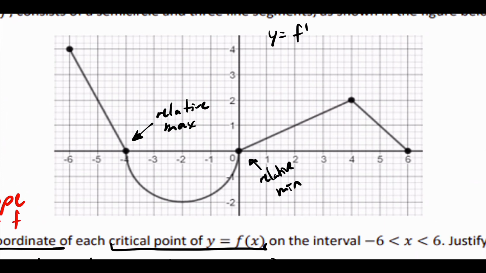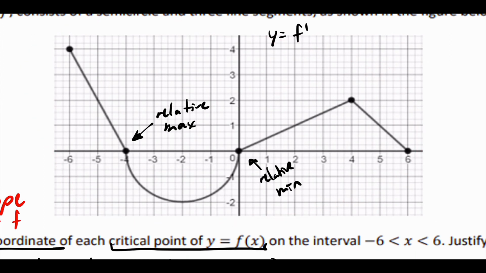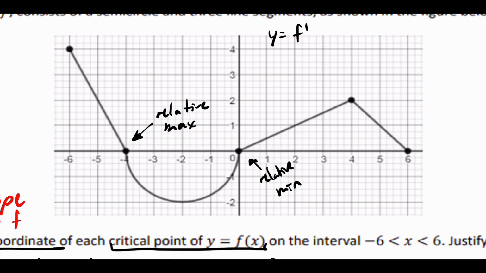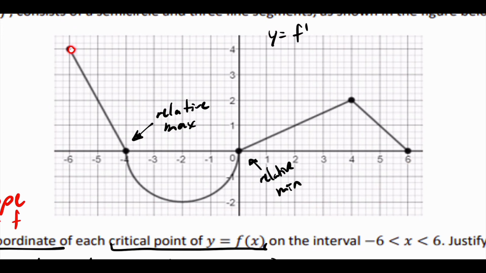There you go. I need to find the slope of the tangent line for all of these points here. If I were to make a graph of the second derivative, I would need to find the slope of the tangent line for every single one of these points.